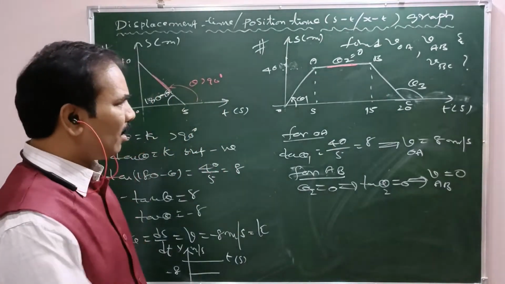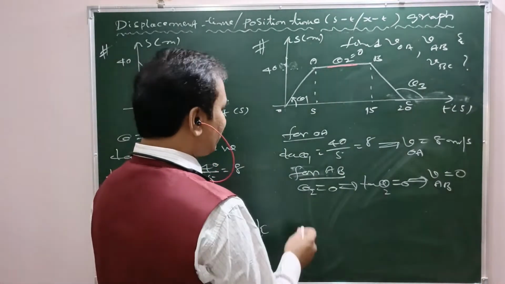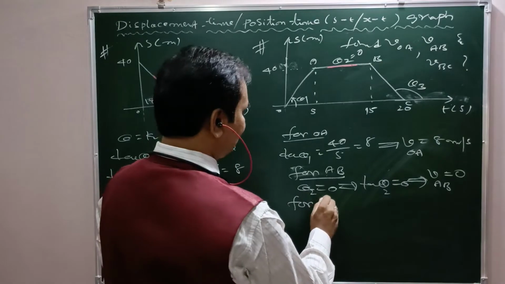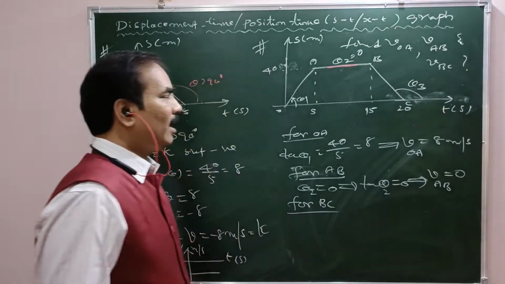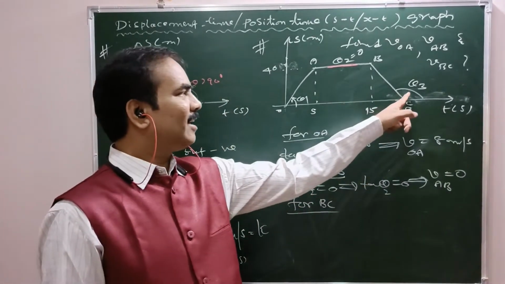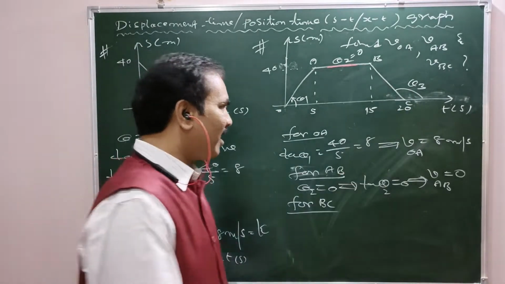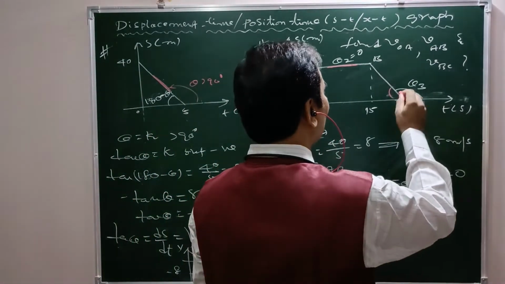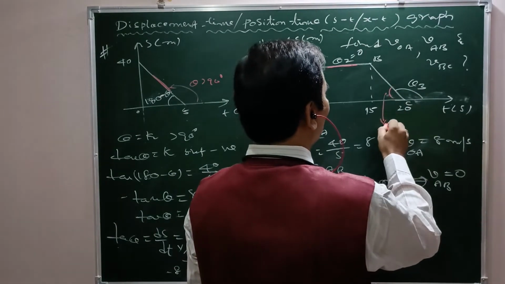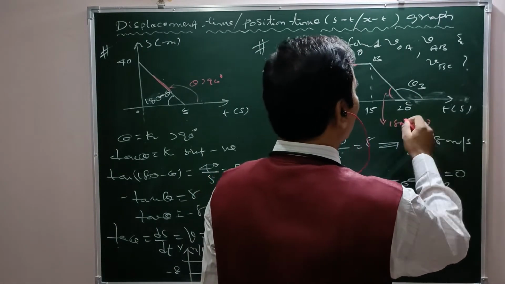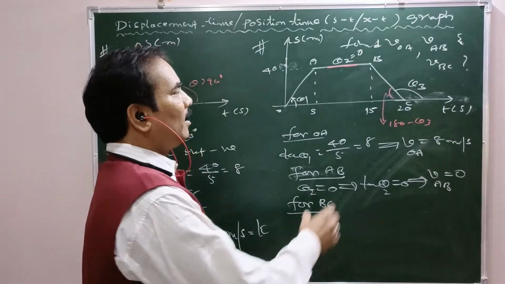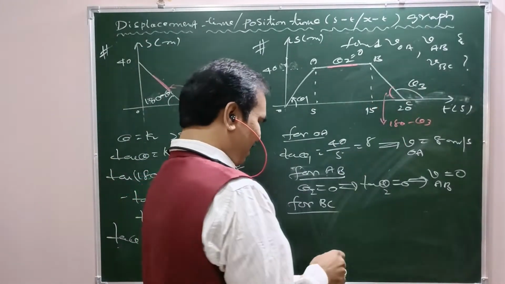Right? Now coming to segment BC. For segment BC, here it is theta 3. Whatever the rest of the angle is, 180 minus theta 3. Okay, tan 180 minus theta 3, somewhere here.